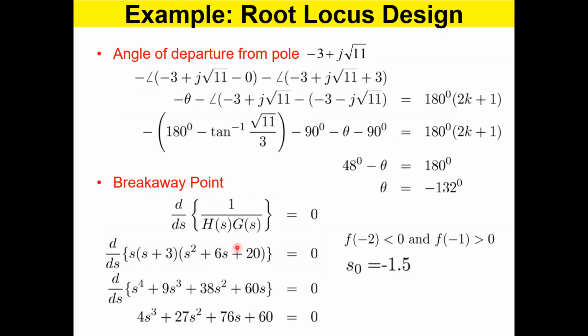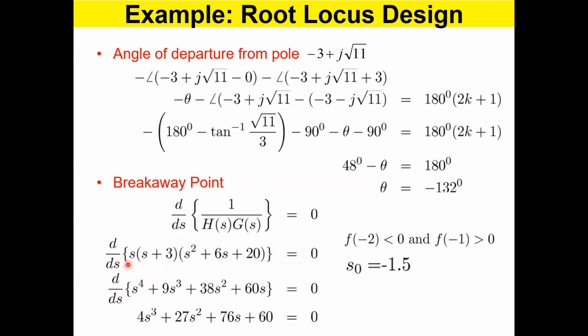So the numerator is 1 for the GS. Therefore, it will stay here as the numerator. The actual denominator goes to the numerator here. So it will become like this. Just the denominator of GS differentiated with respect to S set to 0.